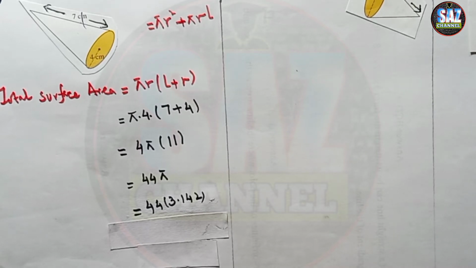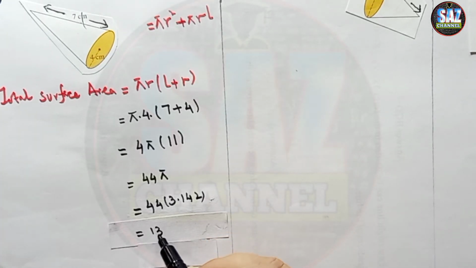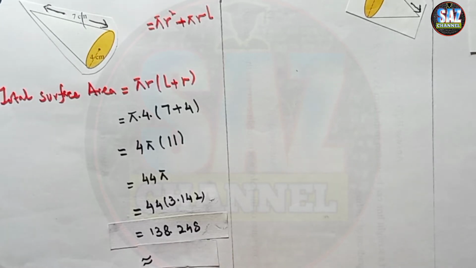This gives me 138.248, and as we have to give our answer nearest to 3 significant figures, so it will be approximately, because the fourth digit is 2, which is less than 5, so it will be 138. And as we are calculating the area, so centimeter square.